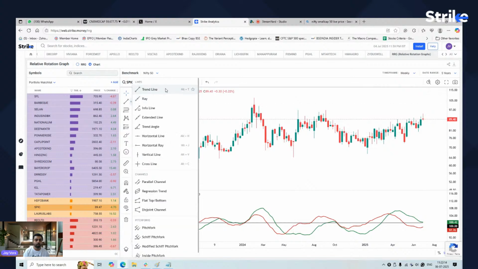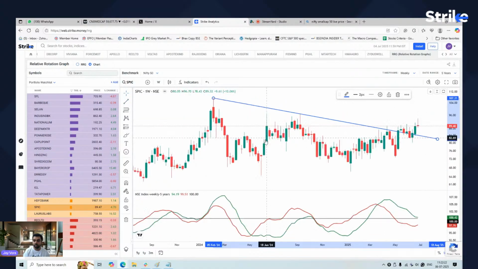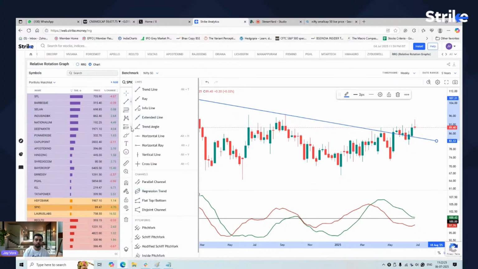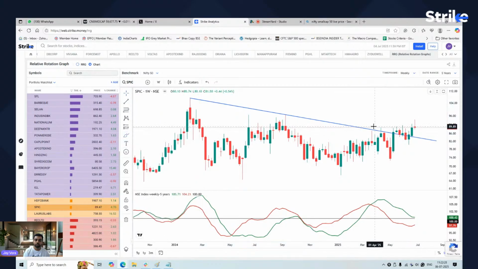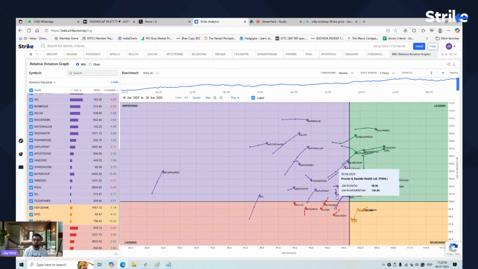Now, when I see the chart, the first thing that looks to me is that it has broken out from this falling trend line, but somehow it is still not able to break this resistance decisively. So I would keep a very close eye on what this stock is doing. Maybe at the break of the consolidation, I will see how the RRG is also behaving, and that might get me actually interested in this stock. So that's how I created a watch list, and I quickly came to know what I need to do.